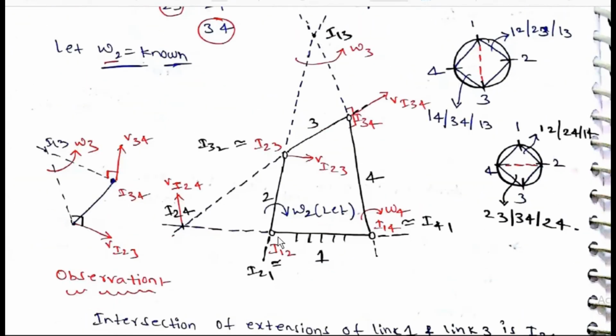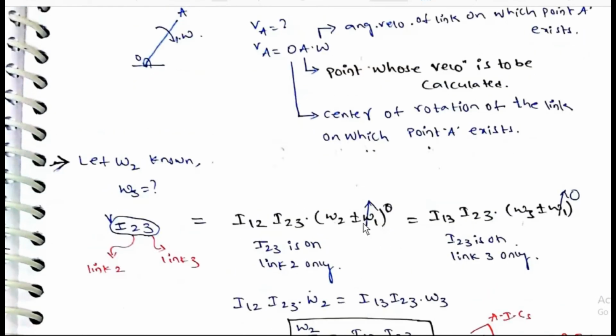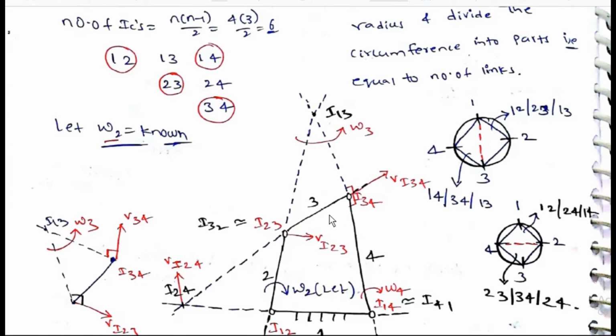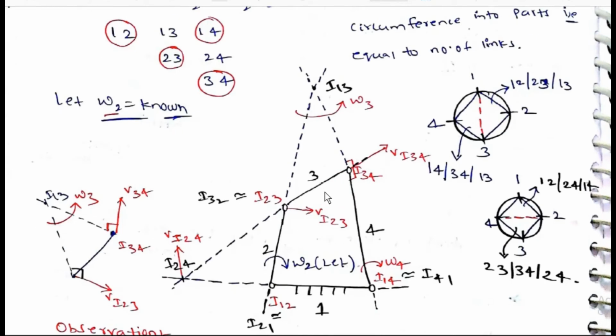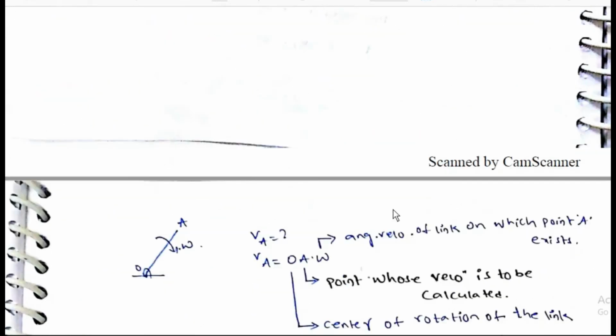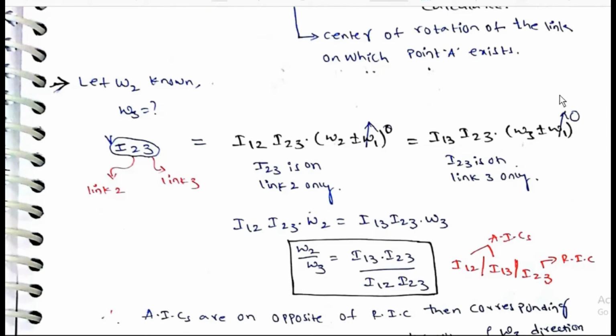Then I12 I23 omega 2 is equal to VI23, where omega 1 is 0, so we can remove it. Taking it on link 3, I13 I23 omega 3, with omega 1 being 0. So finally I12 I23 omega 2 is equal to I13 I23 omega 3. Omega 2 by omega 3 is equal to I13 I23 by I12 I23.